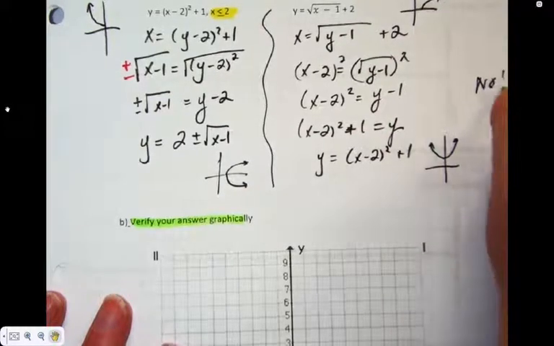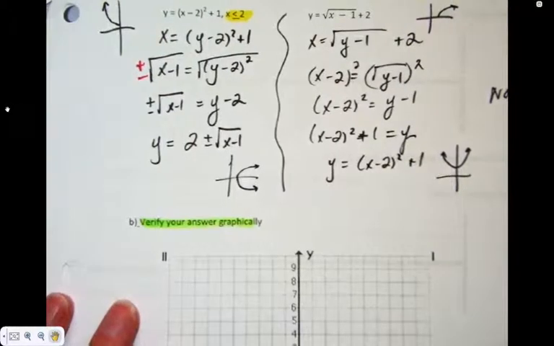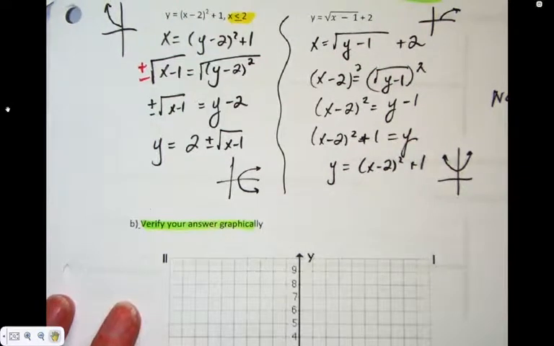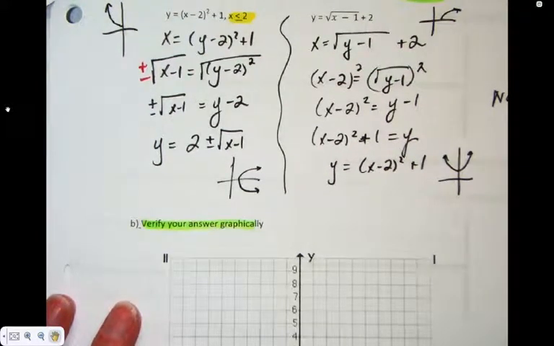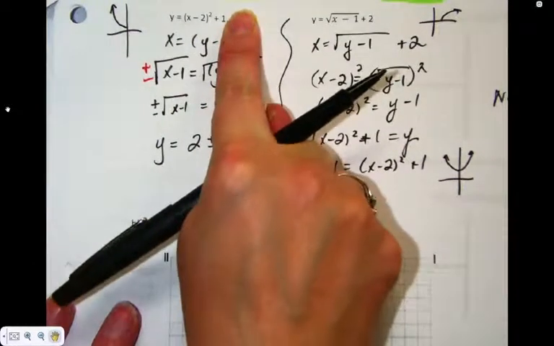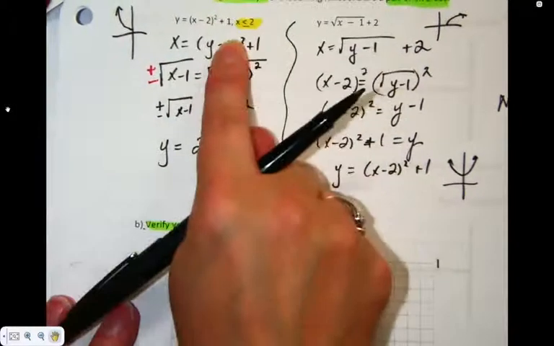No. It's a parabola moved on its side. That's where it comes from. What if this domain restriction hadn't been there? Then it would be inverses. It's just because they've restricted this original.